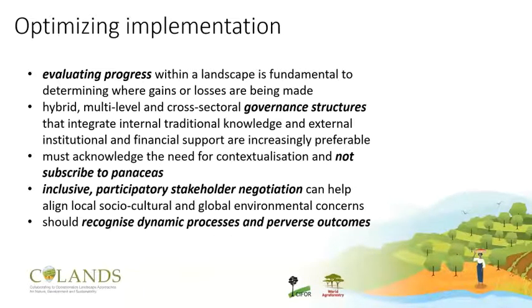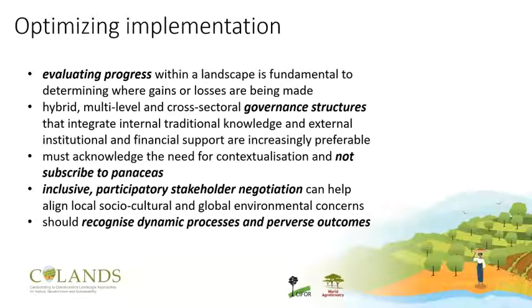So from the same review of the theoretical literature, we also identified some areas that need to be developed for implementation, areas that we found are key to making implementation work, if you like. So evaluating progress is fundamental, obviously, to determine where gains or losses are being made, and then you can bring in the adaptive nature of it afterwards.